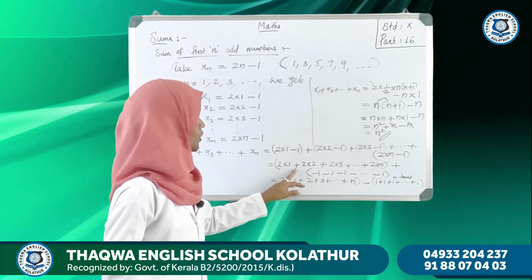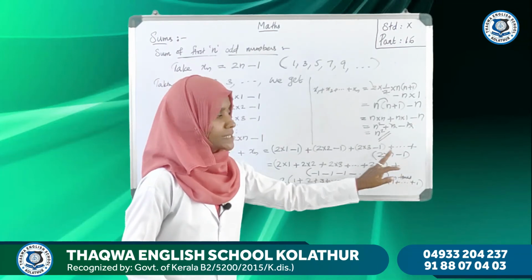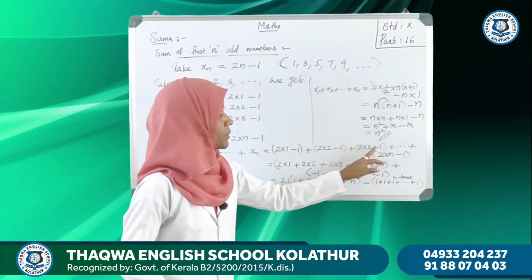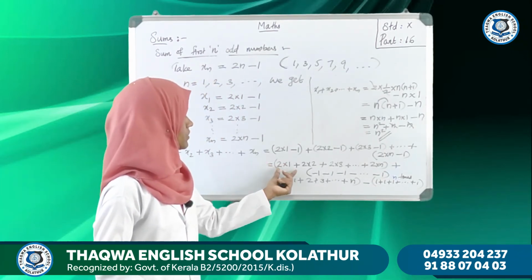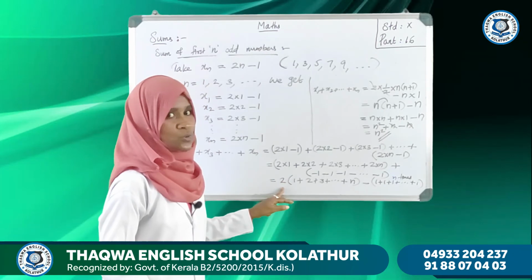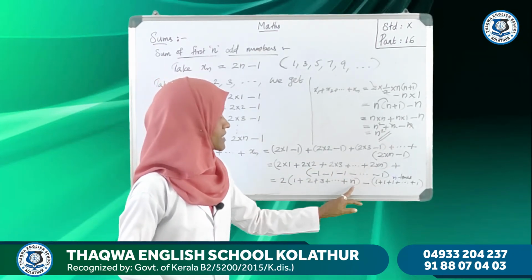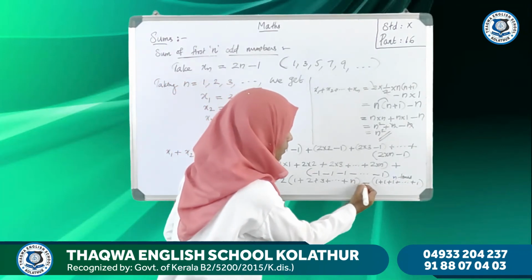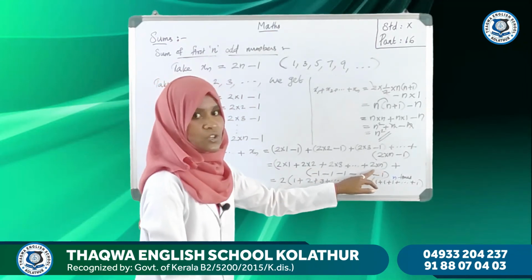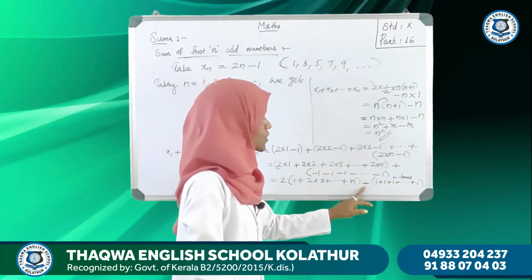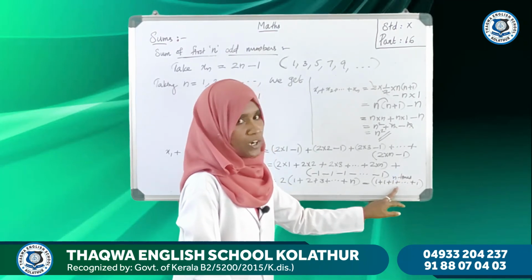Then 2 into 1 plus 2 into 2 plus etc. plus 2 into n, plus next minus 1 minus 1 minus 1 etc. From this bracket take 2 outside: 2 into 1 plus 2 plus 3 plus etc. plus n. Then take minus outside the bracket, so all these terms are negative: minus of 1 plus etc. plus 1, n times 1.